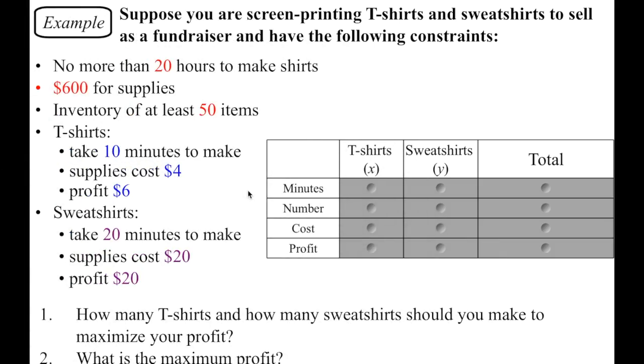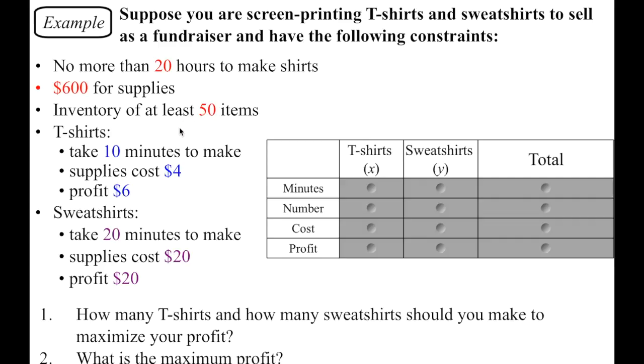So here's a real world example. Suppose you're screen printing t-shirts and sweatshirts, and we want to sell these as a fundraiser, and we have some constraints. We don't want to spend any more than 20 hours making shirts. We want to have no more than $600 for supplies, that's our budget. And we want to have at least 50 items to sell. So those 3 constraints.